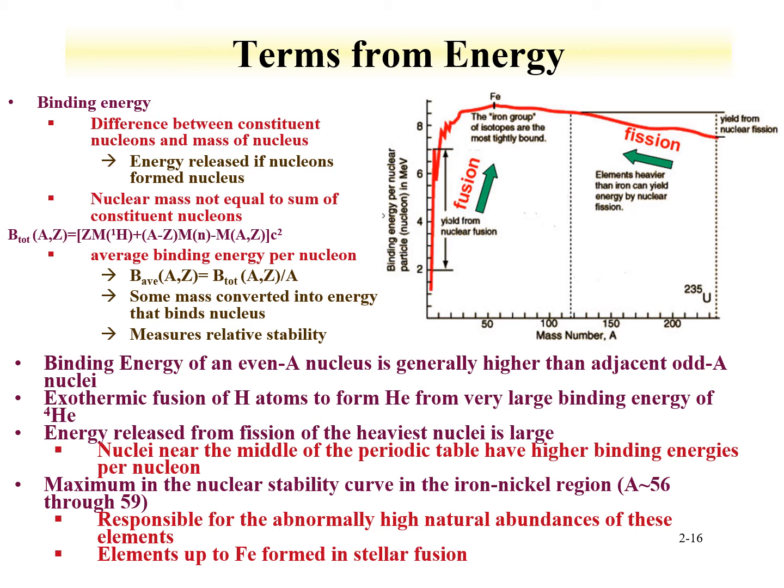So we can calculate a total binding energy equal to the mass of the protons plus the mass of the neutrons minus the mass of the nucleus, and then multiply it by c squared to get energy. And then I divide that by the total number of nucleons in the nucleus, and I get an average binding energy, or a binding energy per nucleon. So it describes how some of this mass is converted into energy that keeps the nucleus stable.